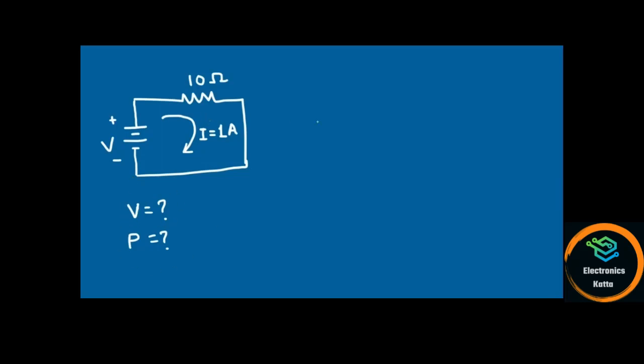First, the voltage V is given by I into R. Here I is 1 ampere and the resistor R is 10 ohms, so the voltage in the circuit will be 10 volts.